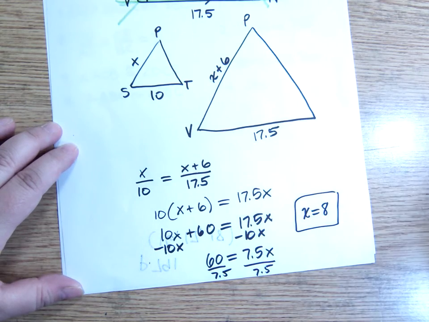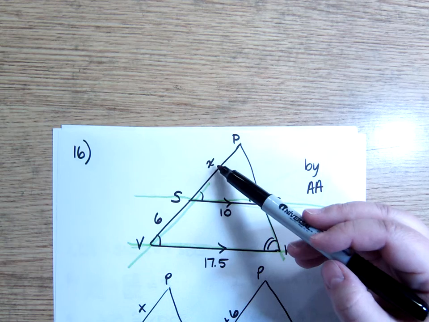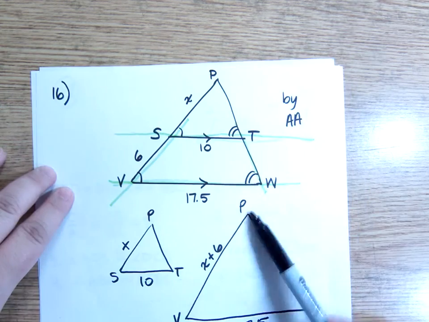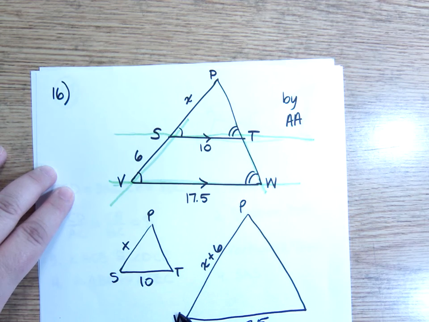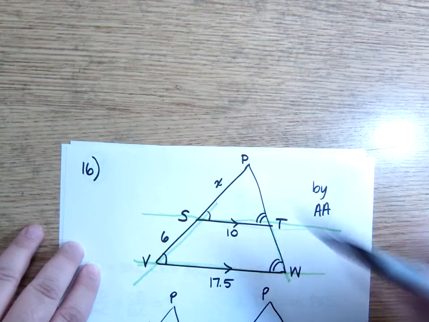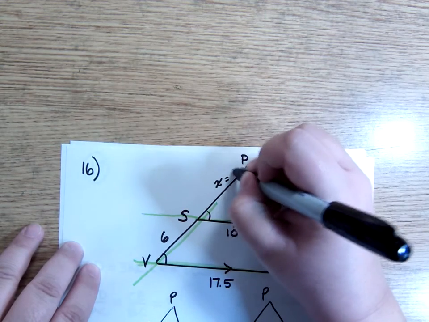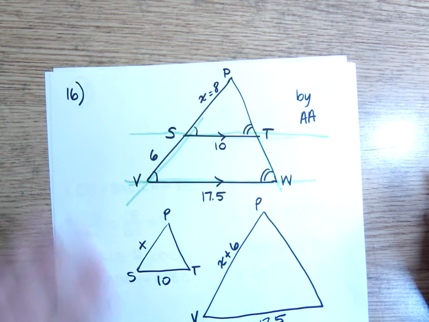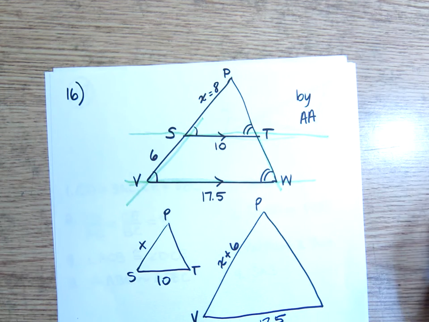And the way I set it up was so that x is PS. You could also have set it up to make all of PV your x or your variable, and then at the end take all of PV and subtract 6 to get just PS. But in this case I set it up so that when I got x I would have PS. And that's the answer for number 16.